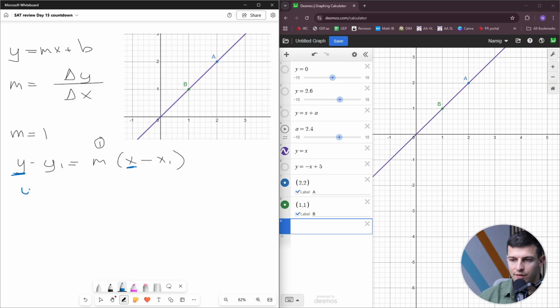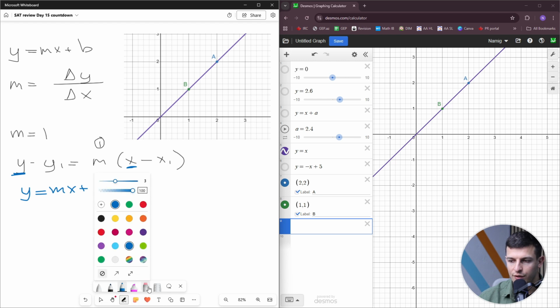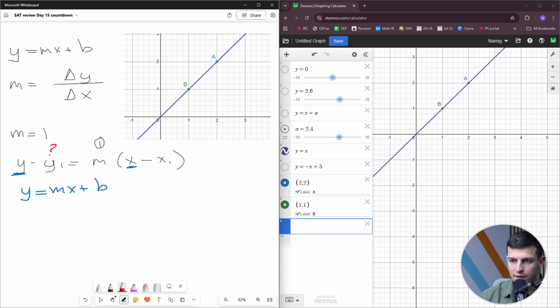The final result should be, or can be, in this shape, y equal to mx plus b, where we have y and x. So we're going to reserve these for the end. We're not going to substitute any number into them; we're just going to keep them as they are. So the question comes, then what are y1 and x1?